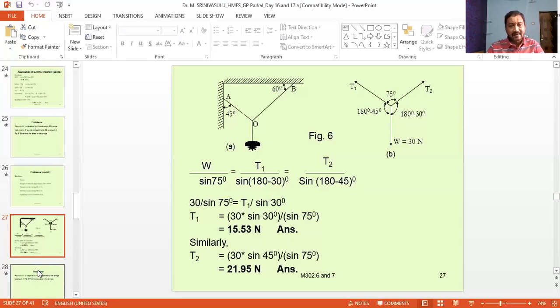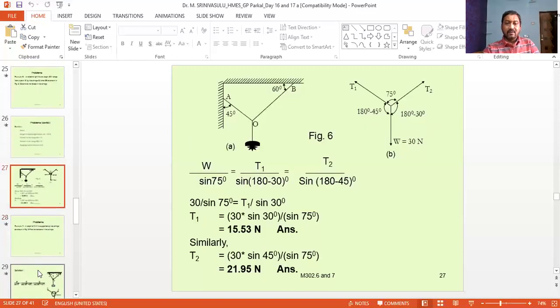In one case it is 45 degrees, that is T1 is making an angle of 45 degrees with the horizontal, and T2 is making an angle of 60 degrees with the horizontal. Therefore, due to this variation of the angles, different magnitudes of the tensions are developed. So therefore T1 and T2 are different.